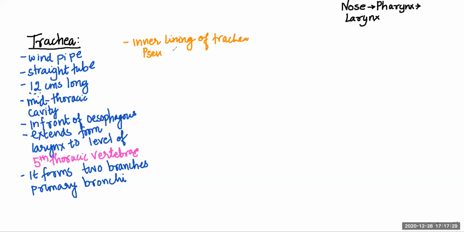It has pseudostratified ciliated columnar epithelium. ठीक है.